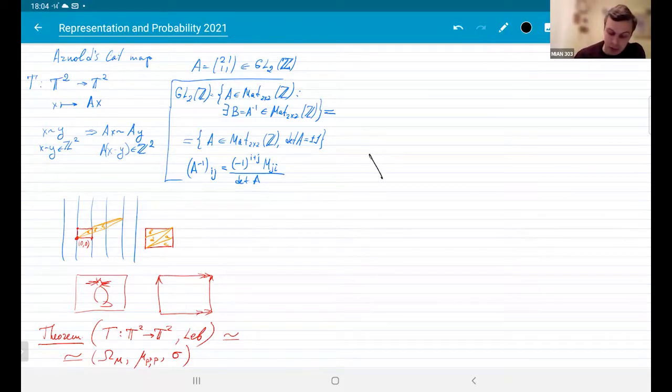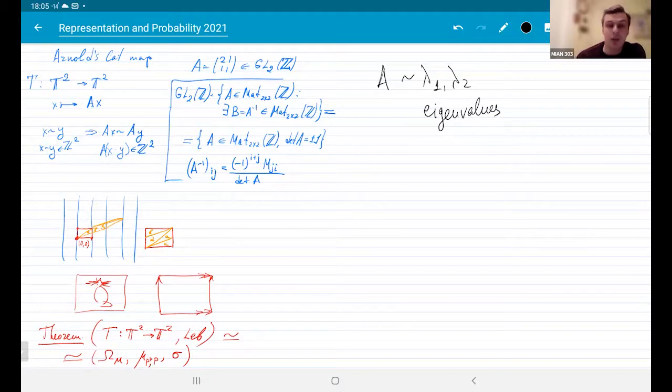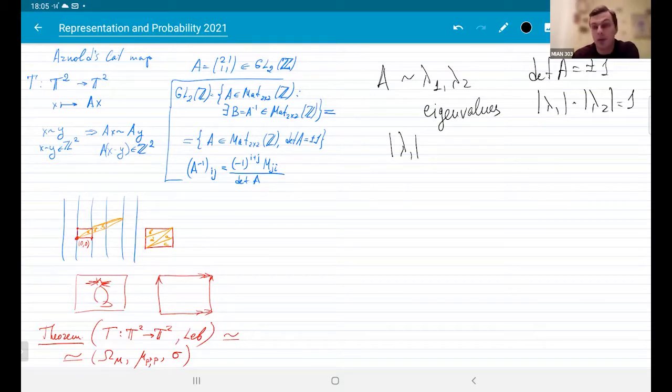The properties would be that this A has two eigenvalues, and since the determinant of A is plus or minus 1, this means that the product of the absolute values of the eigenvalues is equal to 1. Therefore, there are two possibilities.